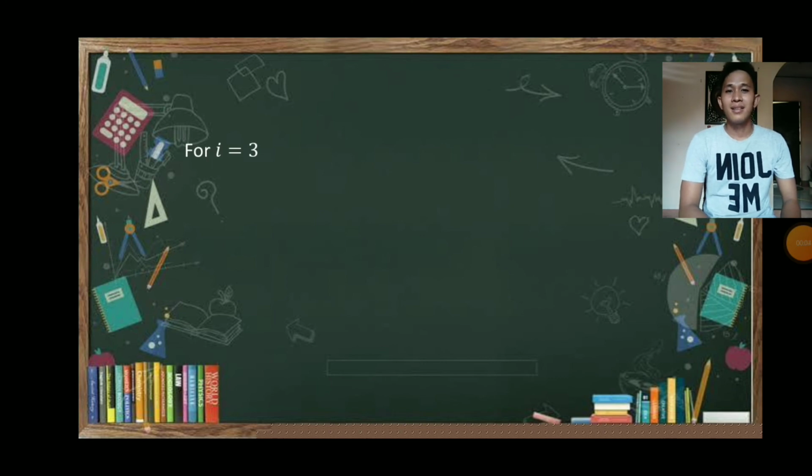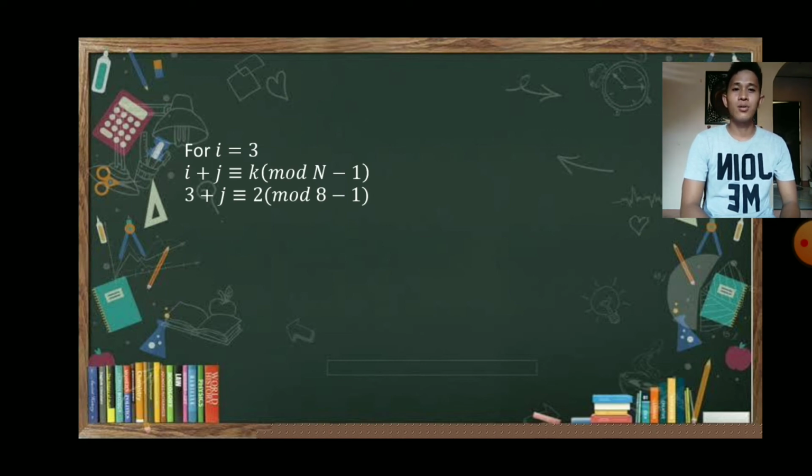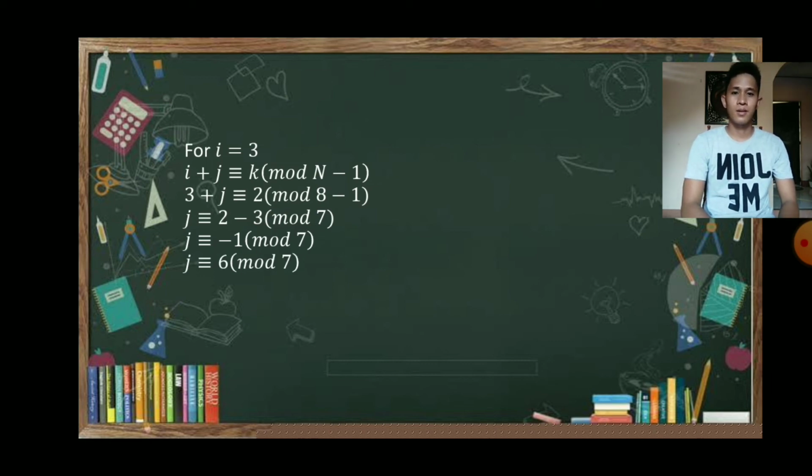For i equals 3, which is i plus j congruent to k mod n minus 1. Substitute the value of i, which is 3: 3 plus j is congruent to 3 mod 8 minus 1. j is congruent to minus 3 mod 7. j is congruent to negative 1 mod 7. j is congruent to 6 mod 7.